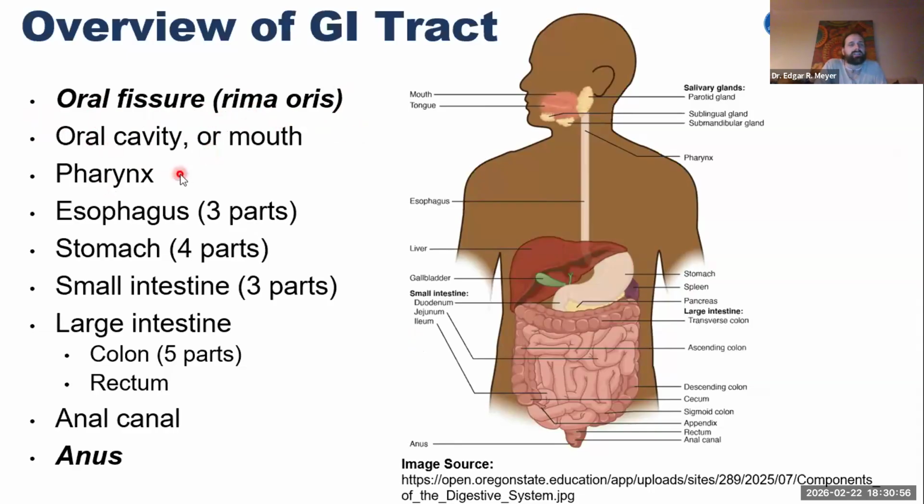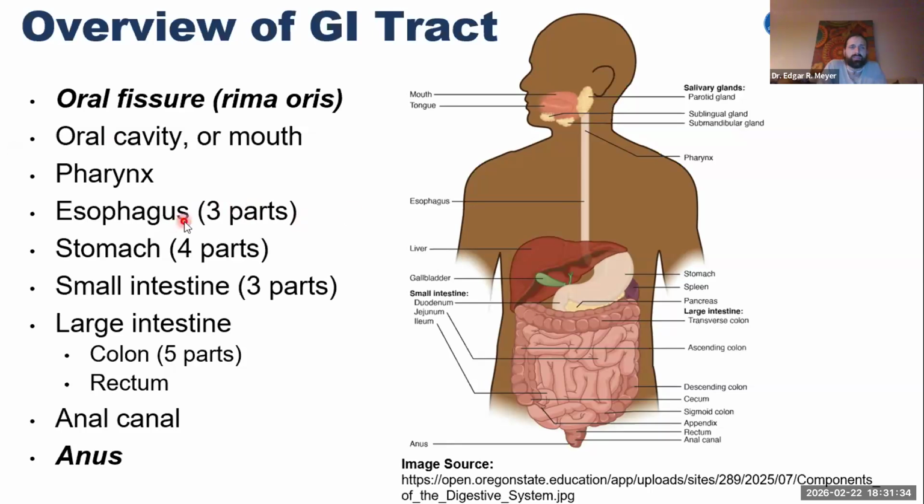Following our oral cavity, just posterior to it, we have the oropharynx. And then as we descend, we move into our laryngopharynx. And as you all will know, the epiglottis, when closing, blocks the airway into our larynx, so that any food or liquid that we swallow will pass on into the esophagus and not the trachea.